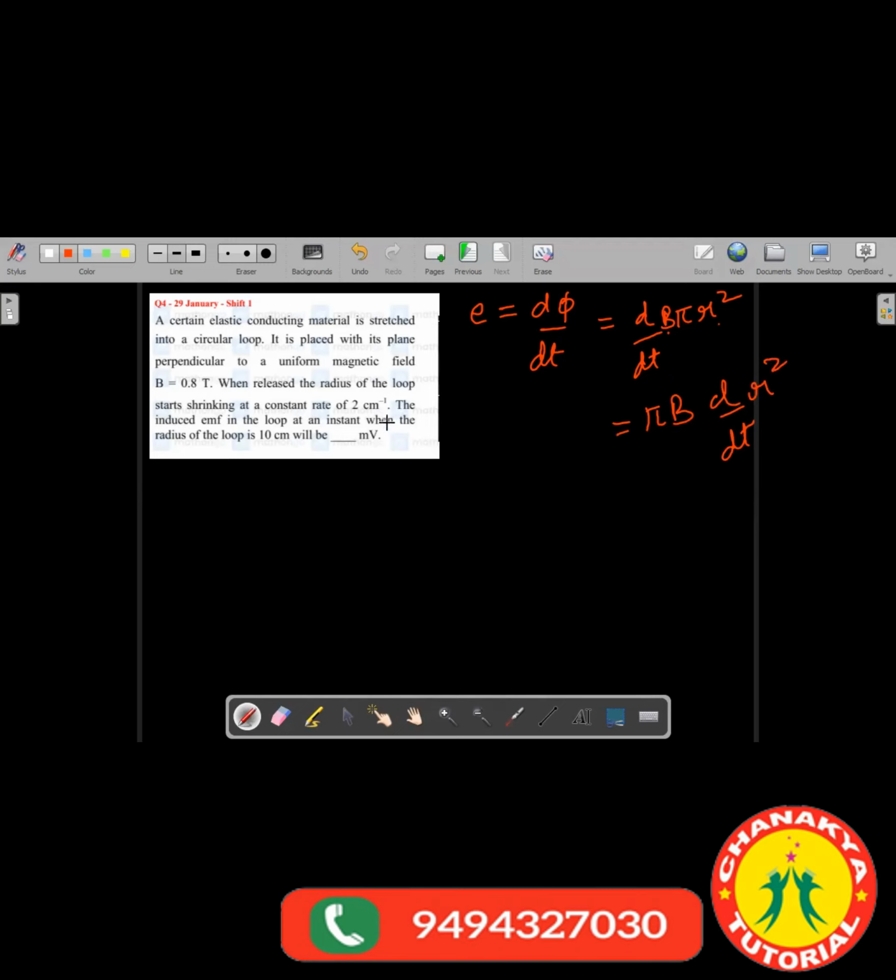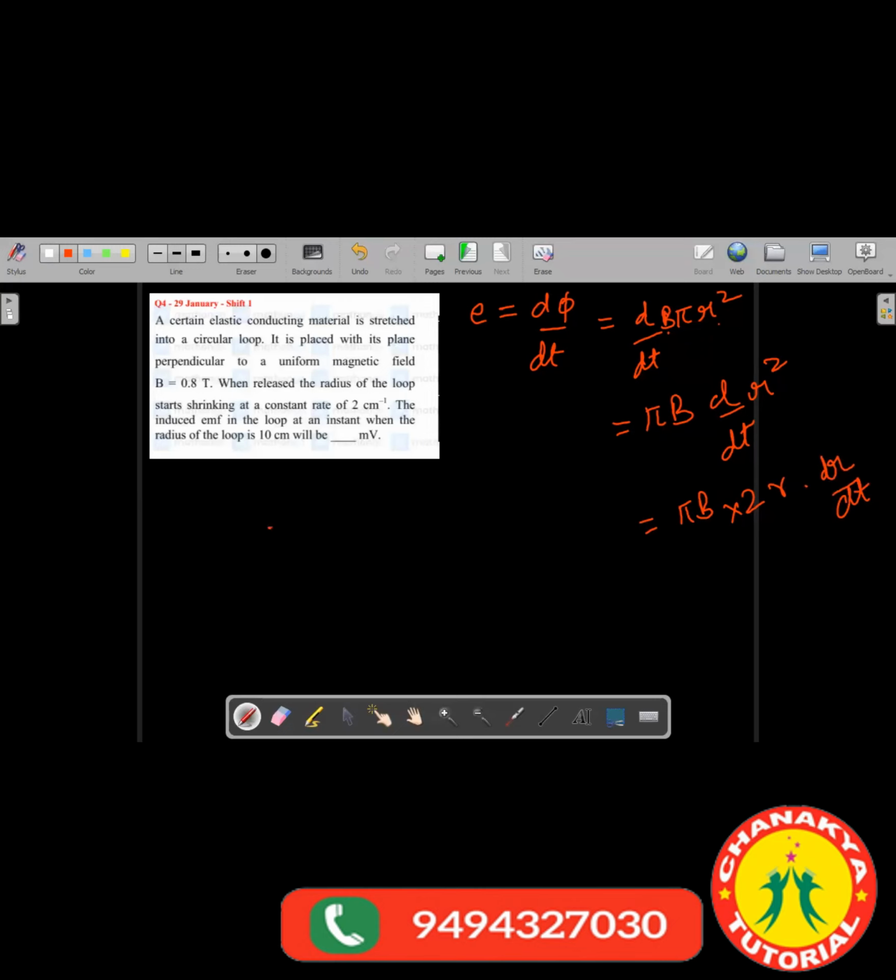The radius shrinks at a rate of 2 centimeter per second. Now you differentiate this, you get pi B multiplied by 2r, and since it's r, we'll also include dr by dt.